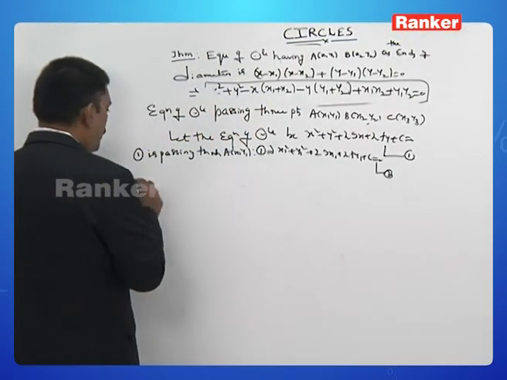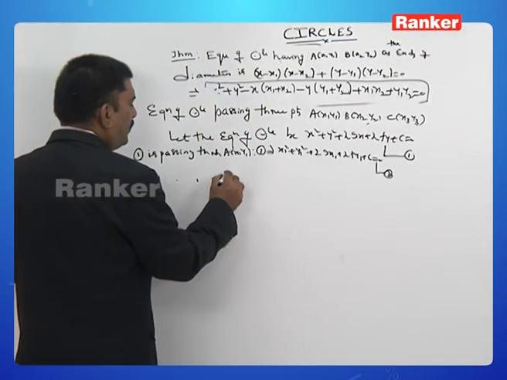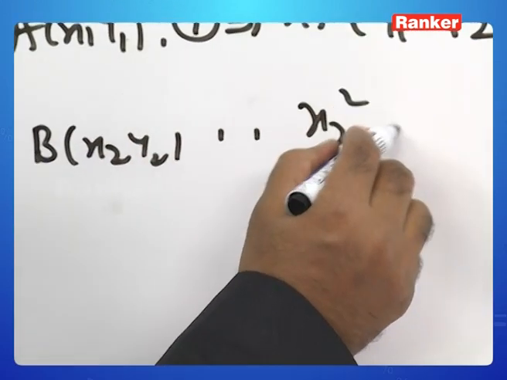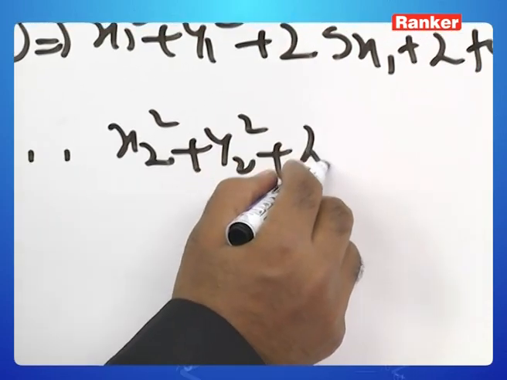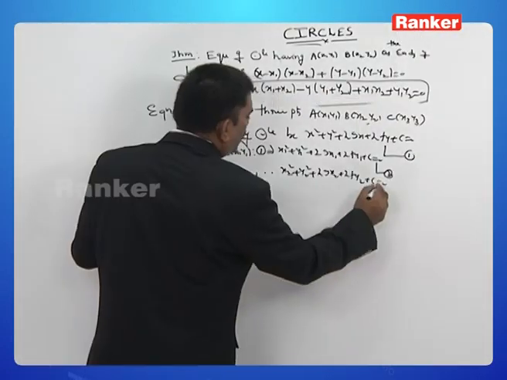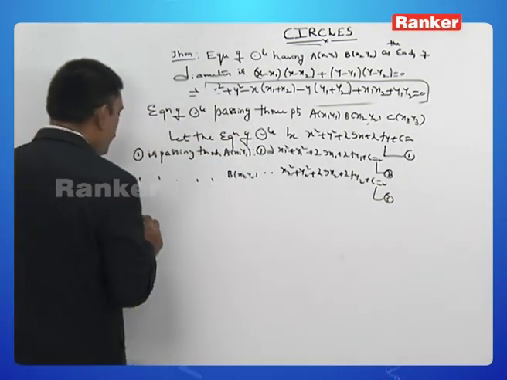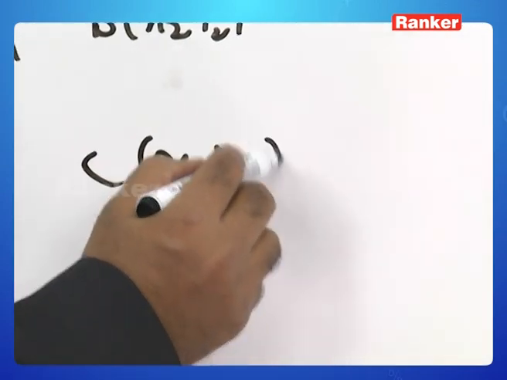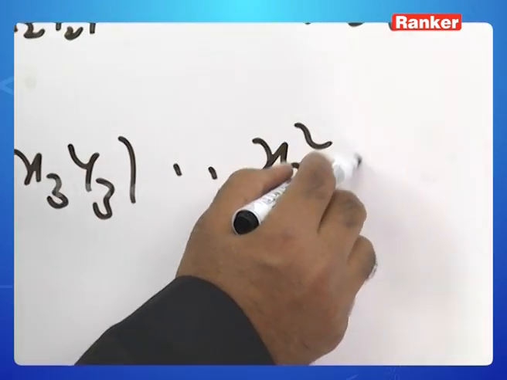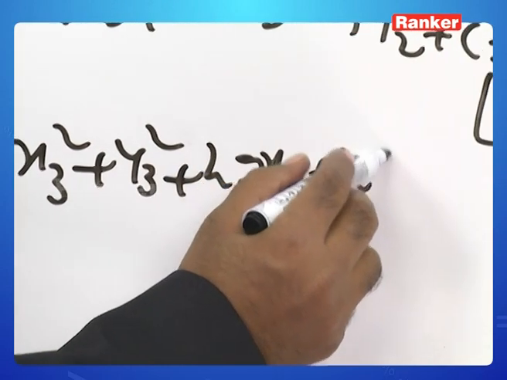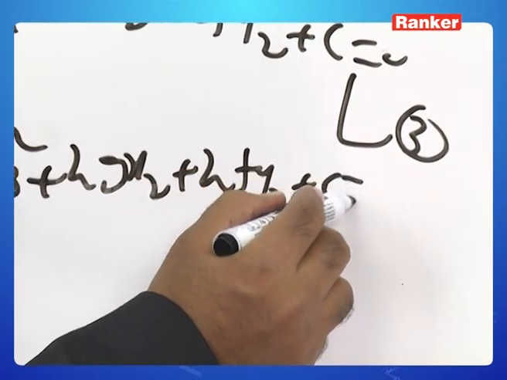Then similarly, this is passing through B of x2, y2. This implies x2 square plus y2 square plus 2gx2 plus 2fy2 plus c is equal to 0. Next, this is also passing through C of x3, y3. This is nothing but x3 square plus y3 square plus 2gx3 plus 2fy3 plus c is equal to 0.